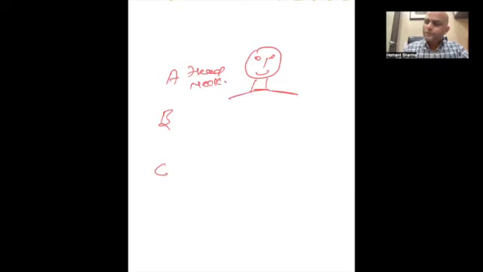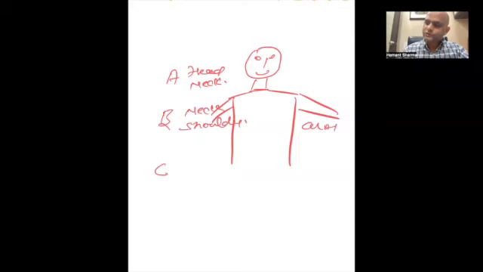Then the point B will be for neck and shoulder. So the neck is overlapping. And finally, the C point will be for shoulder and arm. Again, the shoulder is overlapping.